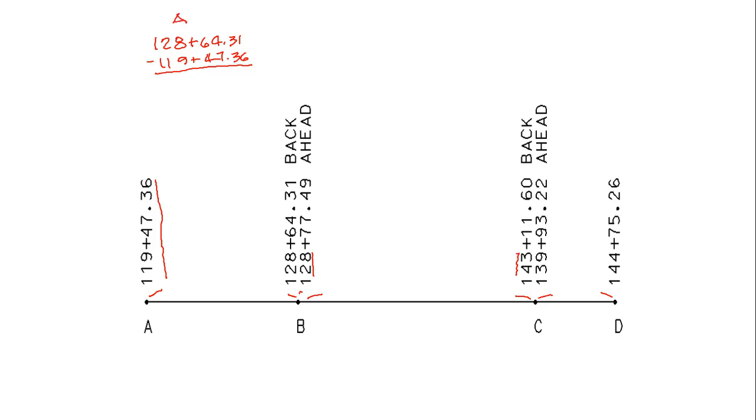That will get you A to B. B to C is going to be station 143 plus 11.60 minus 128 plus 77.49.